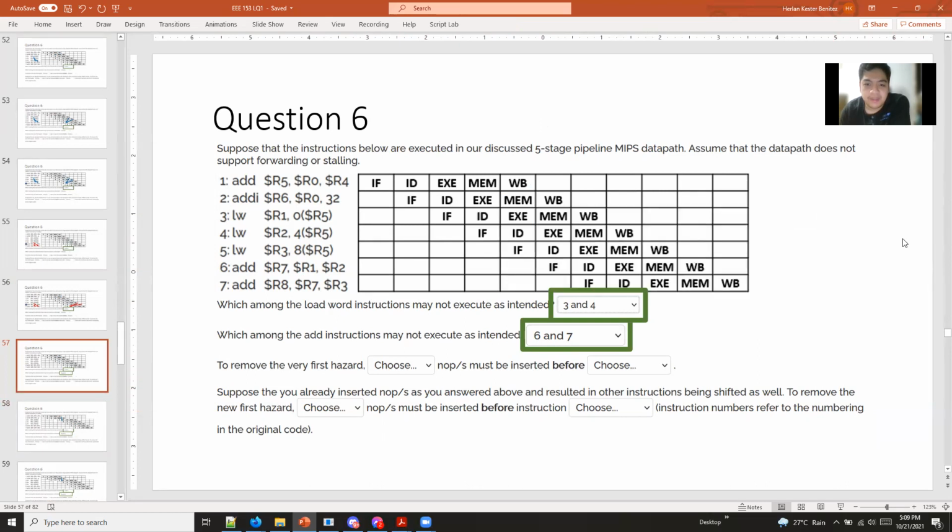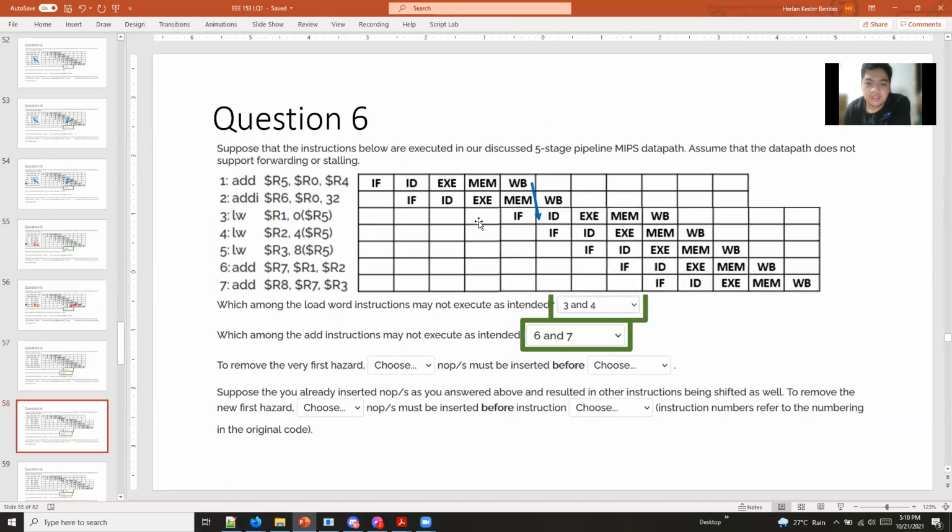Paano natin malalaman kung gaano kalaki i-shift? Gusto natin yung write back nito ay nandun before ang instruction decode ni instruction 3. To do that, kailangan natin magdagdag ng dalawang no operation before instruction 3. So dalawang nops before instruction 3.